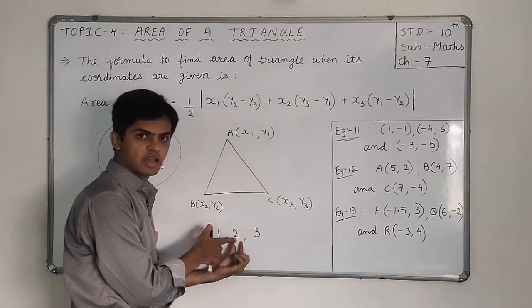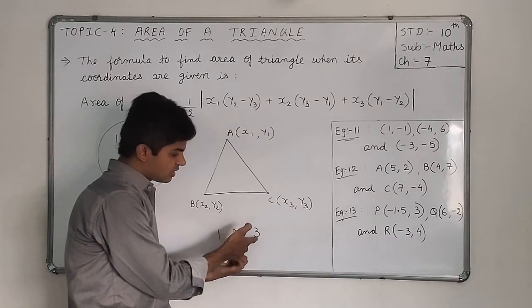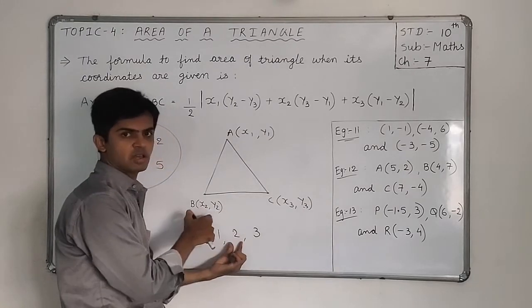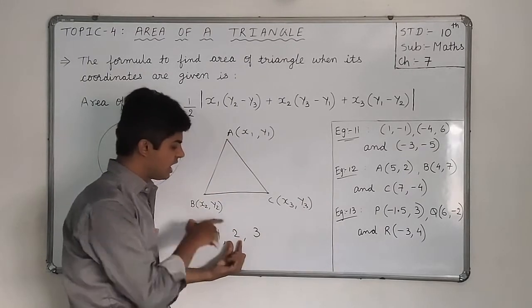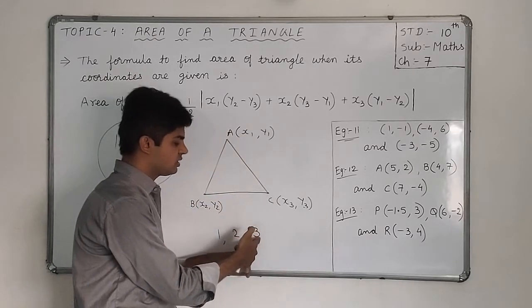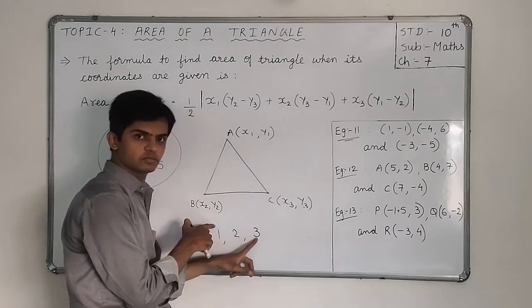Okay. फिर ब्रैकेट में क्या करना है? 3 minus 1. You are not supposed to do 1 minus 3. 1 minus 3 करोगे तो आंसर गलत आएगा. आगे ही जाना है. 2 के बाद क्या आएगा? 3. Then 3 minus 1. Okay.